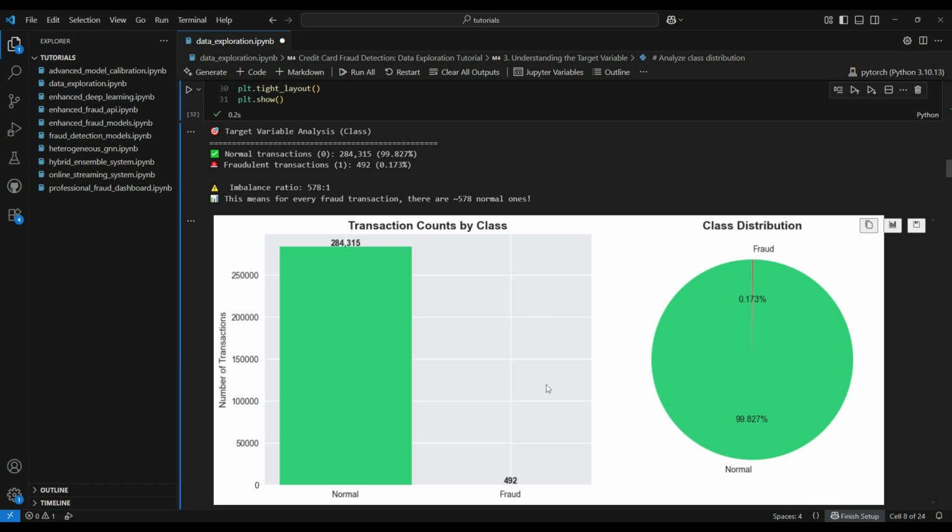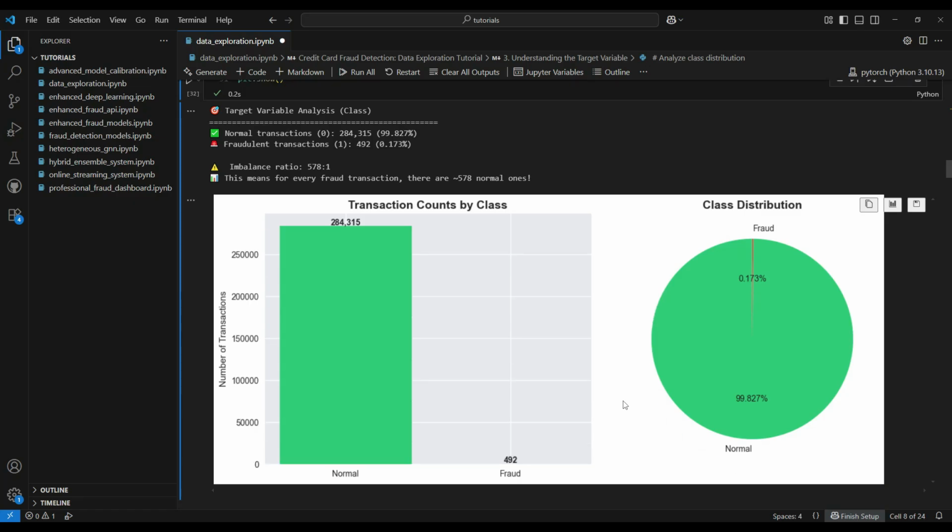And fraudulent transactions only about 0.17%, 492 frauds. This is very imbalanced, and the imbalance ratio is 578 to 1. So for every single fraudulent transaction, there are 578 normal ones. Now look at the visualization, the bar chart and the pie chart showing the distribution. It's very skewed.